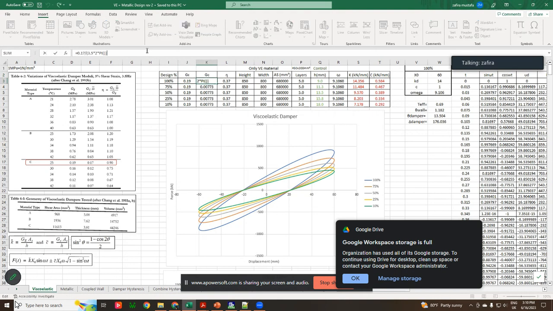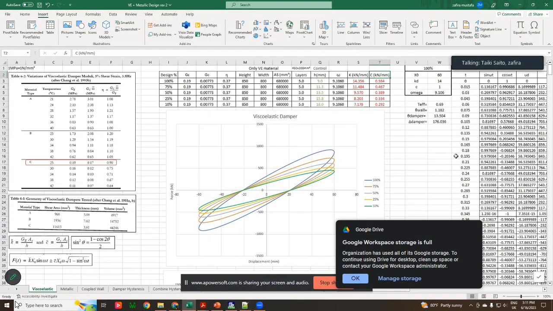So this is the formula. Then we determine the shear area, and this is the total shear area. From here, we can get the total layer, where this is the area for one slice of viscoelastic material, and this is the thickness, and then we can get K and C.